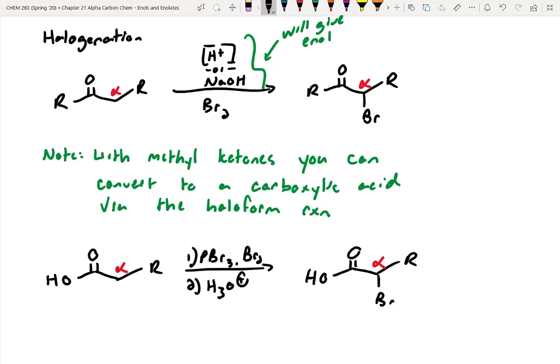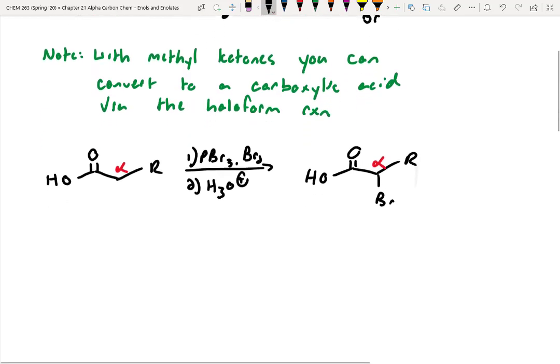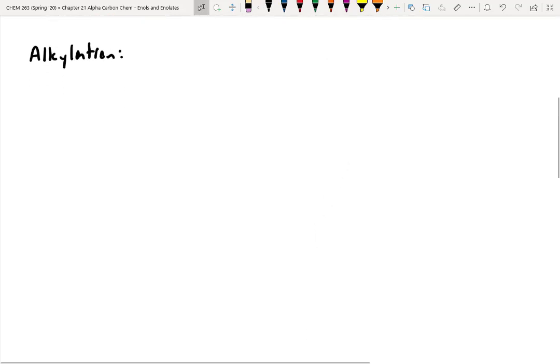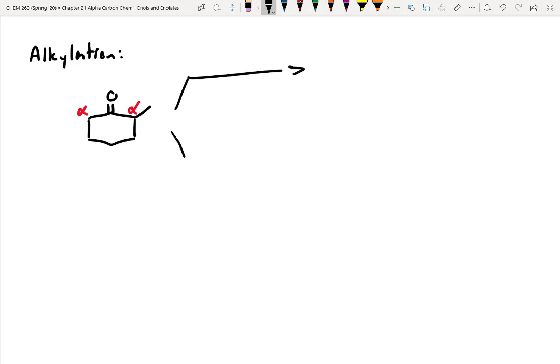Now let's take a look at alkylation rather than halogenation. And alkylation just means that we're going to be installing some sort of hydrocarbon at that alpha position. And we actually saw a variety of these reactions during the chapter. And I'm just going to give one that we actually saw. In this example, we have 2 different alpha carbons. We've got one on the right that's more substituted, and one on the left that's less substituted. We can actually control which position we react at.